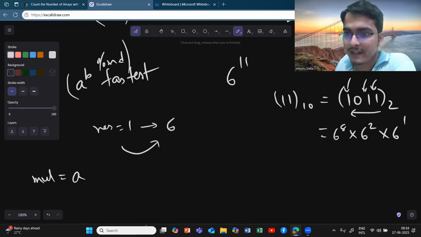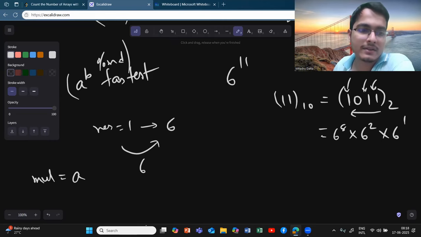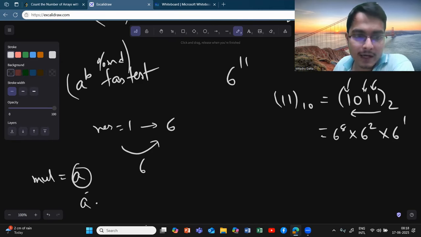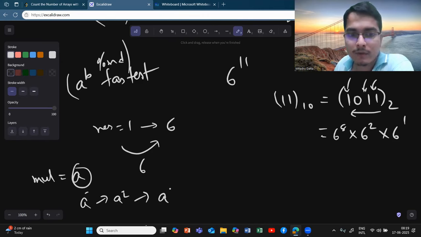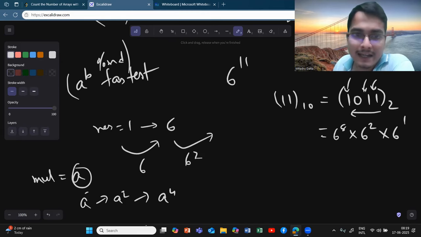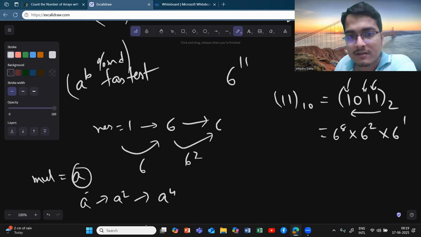I see that this bit is set, and I am multiplying the result with this A. Now you go to the next bit, and every time you square this multiplier, from A to A square to A power 4. Similarly, if you square it again, 6 square, you multiply the result by 6 square. Since there is a bit high here, I will multiply it again to get 6 cube. Now I get 6 cube.